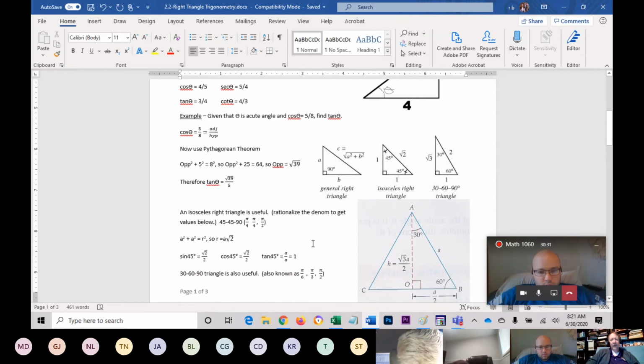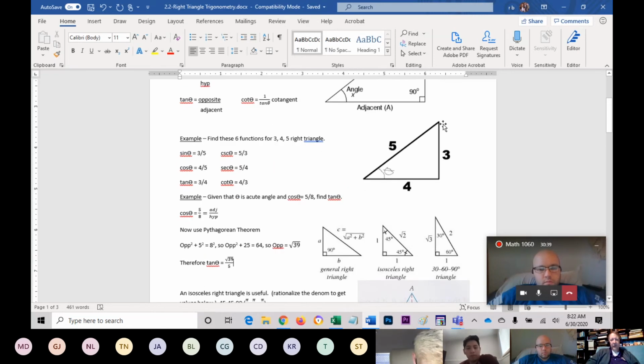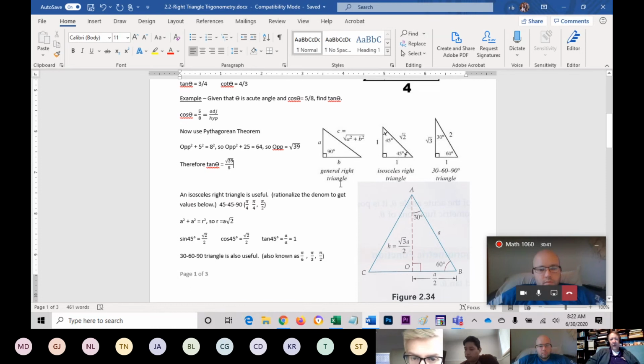All right, so let's talk about some triangles that are going to be very important to remember. In addition to the 3, 4, 5 that we talked about, we've got your general right triangle. So you've got a right triangle with sides A and B. Your hypotenuse is going to be the square root of a squared plus b squared.